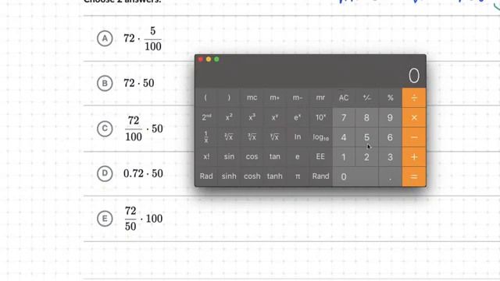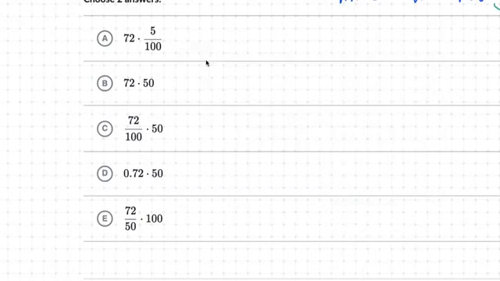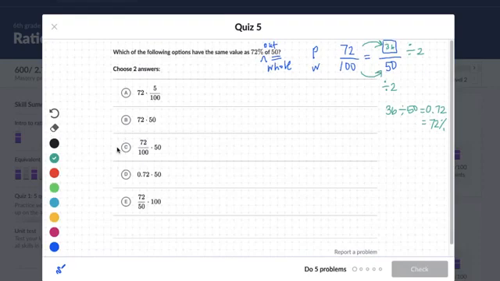And then the next one is 72 divided by 50 times 100. This already looks really weird. Yeah, not correct. So it looks like it was C and D. If you do the math for C and D, you also get to 36, because 50 over 100 is like half. And then moving the decimal places over and multiplying by 50 also gets you there.